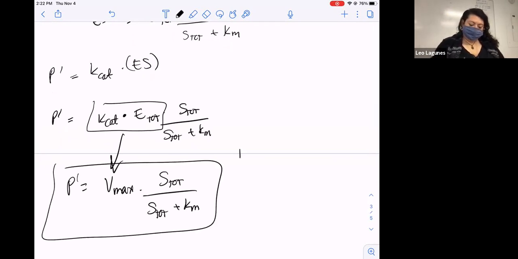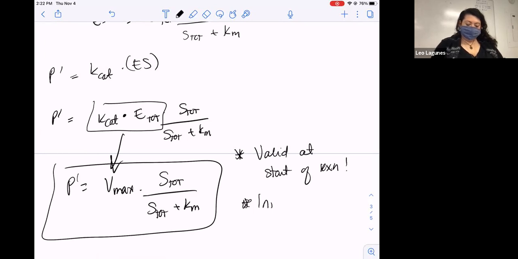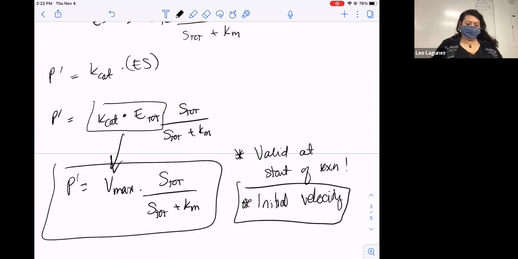But because of the assumptions that we made, this is only going to be valid at the start of the reaction. This is essentially the initial velocity.